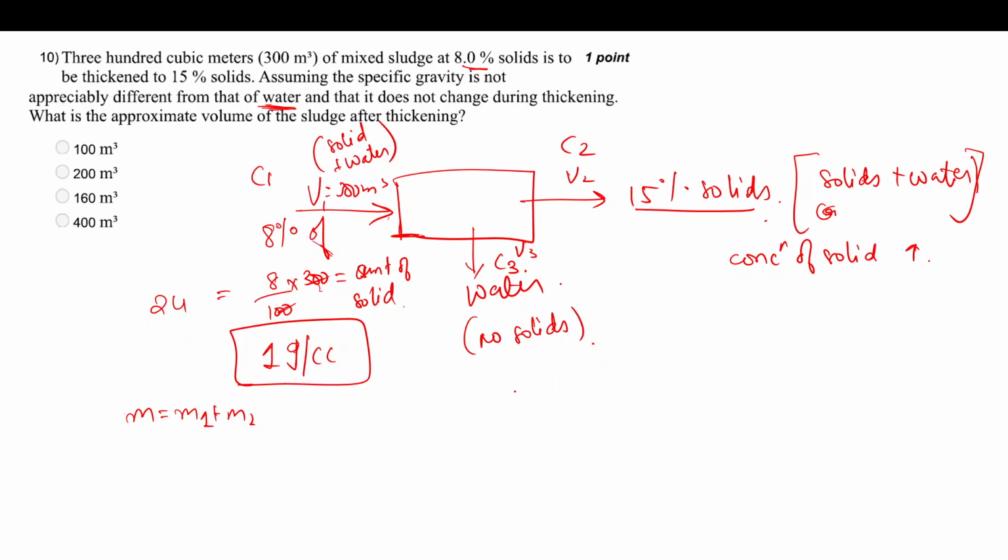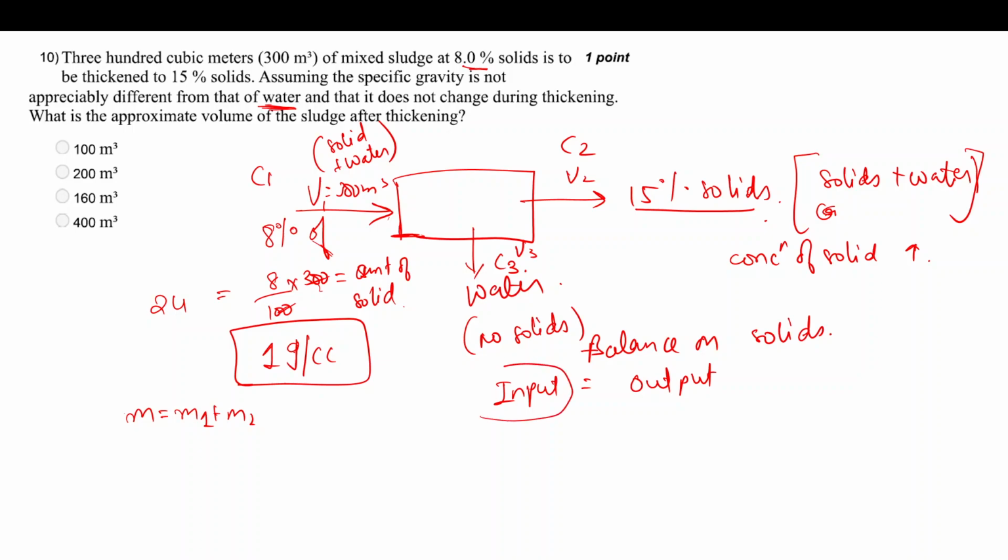So if we apply a balance, what should that be? Input should be equal to output, which is nothing but a balance on solids. Now here you are able to use this concentration.